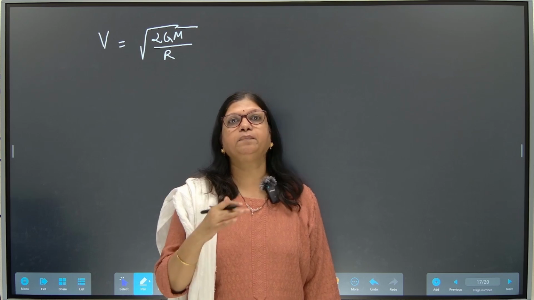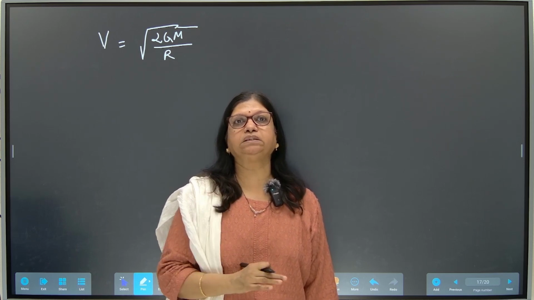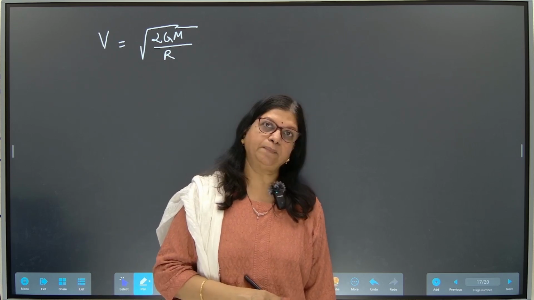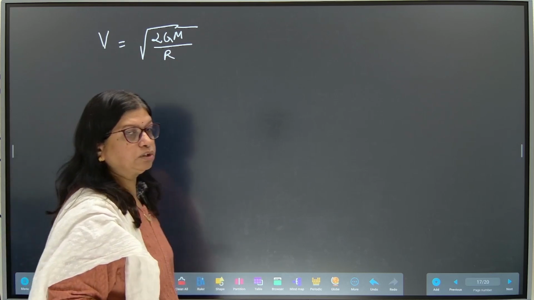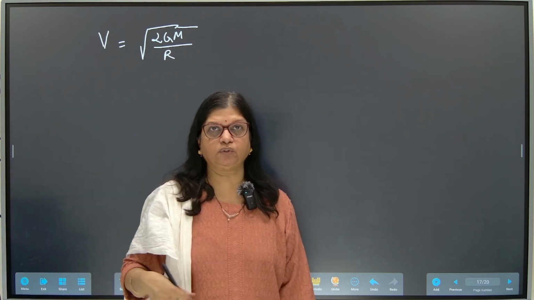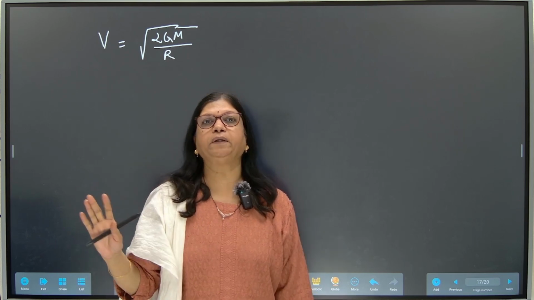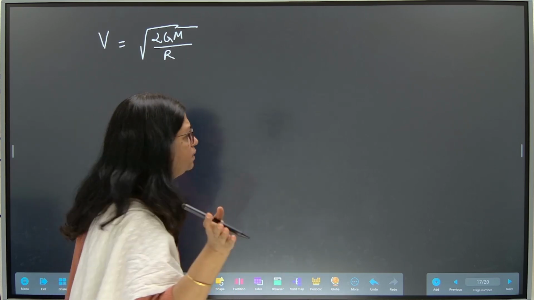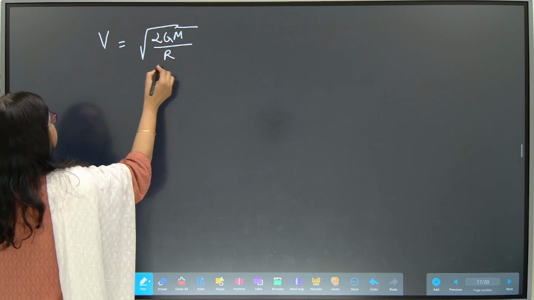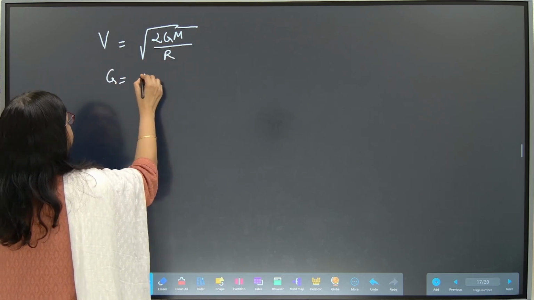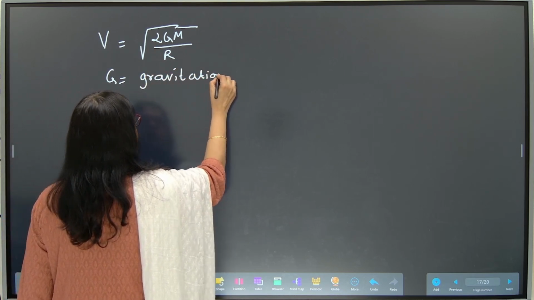So please learn them very quickly so that you understand how to go about this dimension analysis. Fine. Now here V is the velocity of the satellite, the orbital velocity with which you can make the satellite move in the orbit around the planet, that is Earth at present. Fine. So V is the velocity. Okay. G. What is G? G is the gravitational constant.